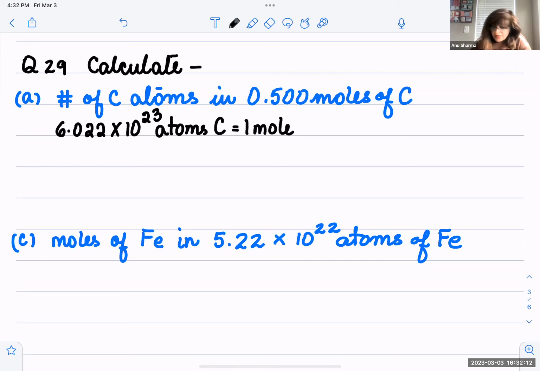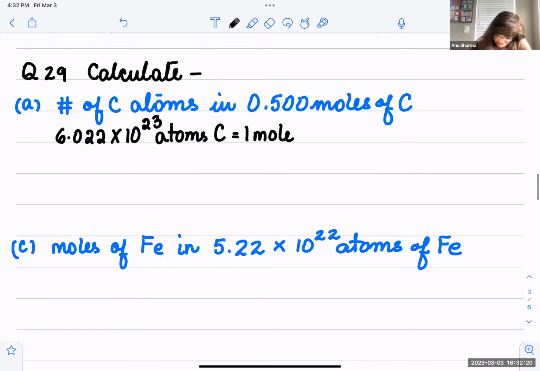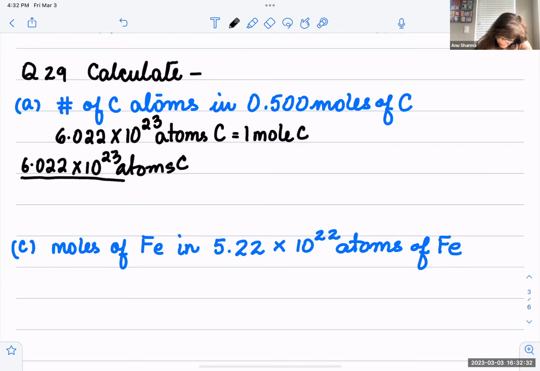Knowing the molar ratios, the mole to mole conversion factors, I'm going to put this as 6.022 into 10 to the power 23 atoms of carbon over 1 mole of carbon.